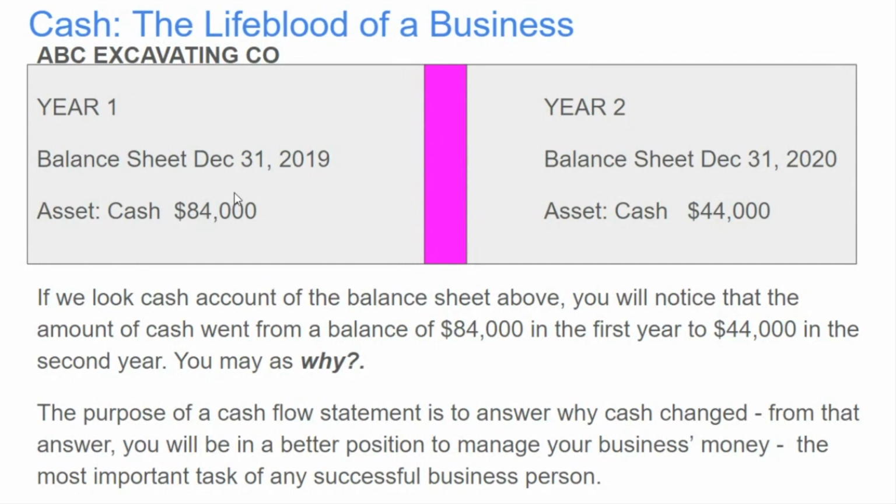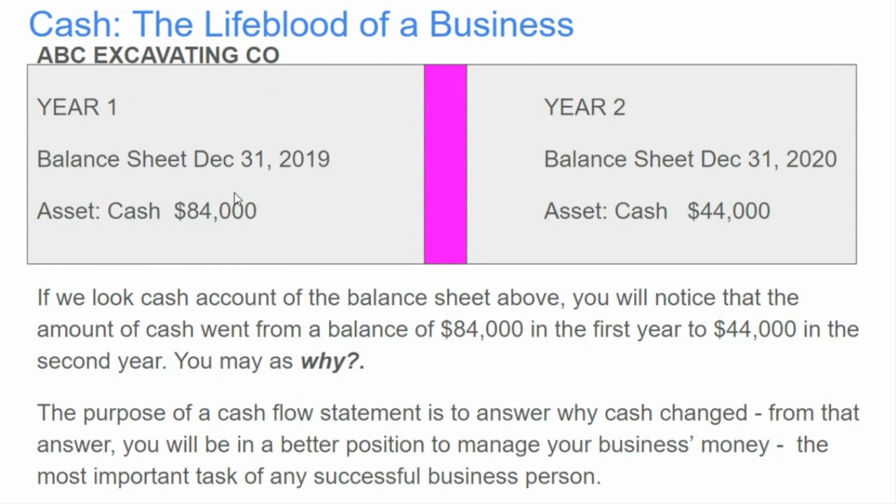Okay, at the beginning of the year, we looked at the balance sheet on December 31st, 2019, and we saw the cash account, and I've only got that bit of the statement there. We're only interested in cash, and there's assets, liabilities, and owner's equity too, but we're only interested in cash for these purposes. There was $84,000 in our account, okay?